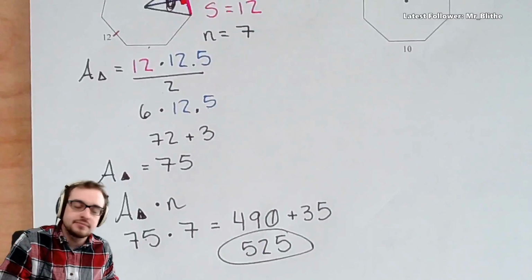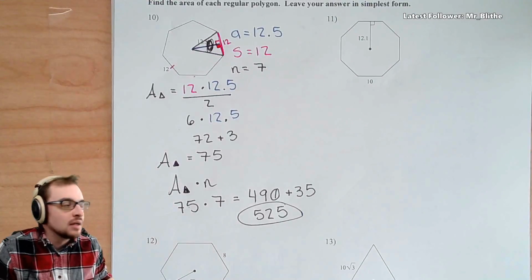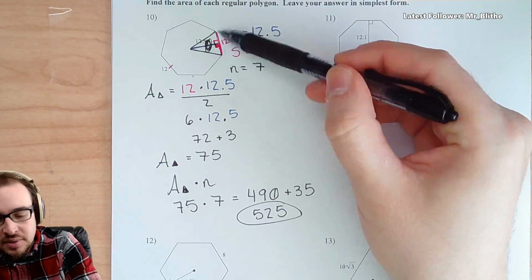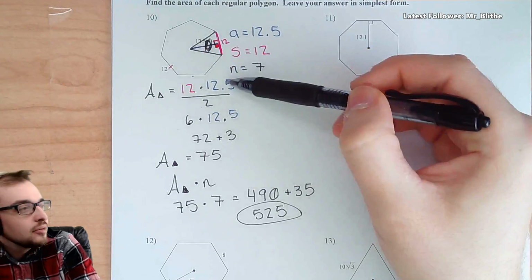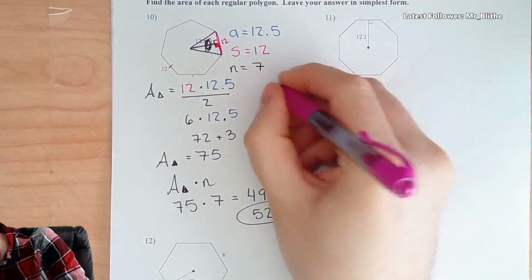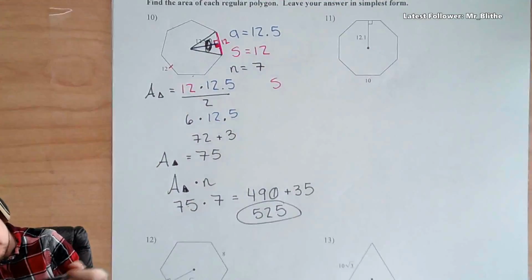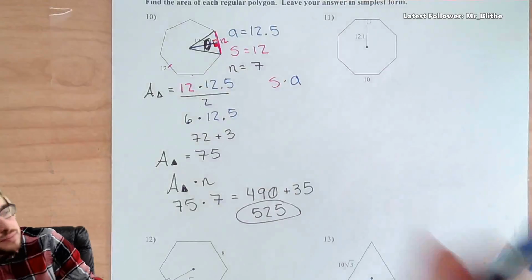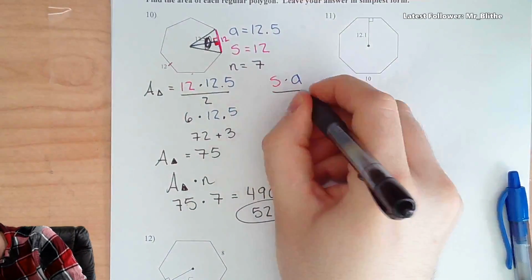So what do we do here? We took the apothem as our height for our triangle and the side as our base, and we found the area of the triangle, right? We did S, the side, times the apothem, divided by 2.